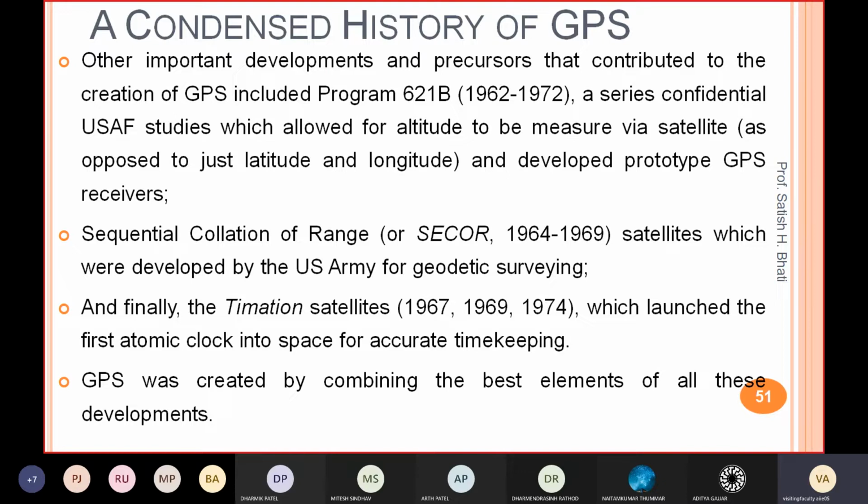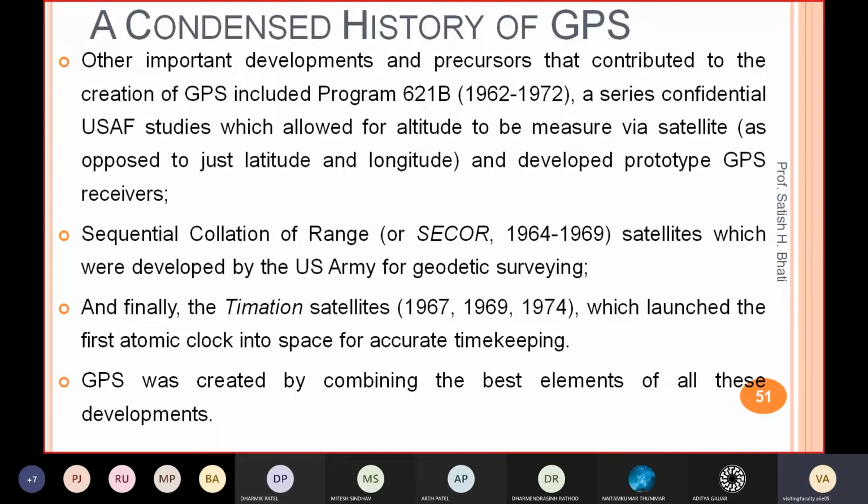These three things we can also add to the history of the development of GPS. So Program 621B was held from 1962 to 1972, so these 10 years.